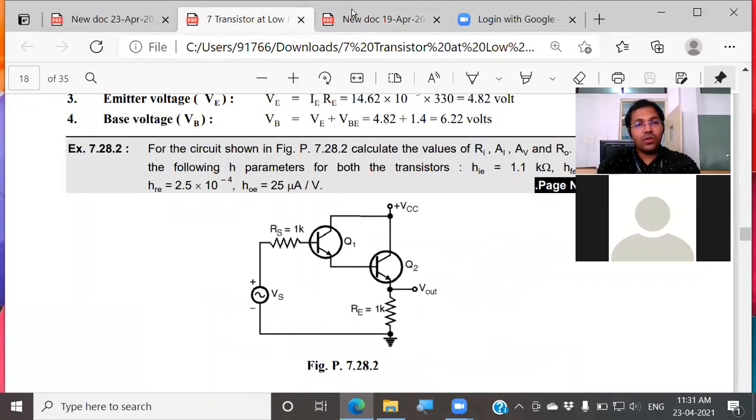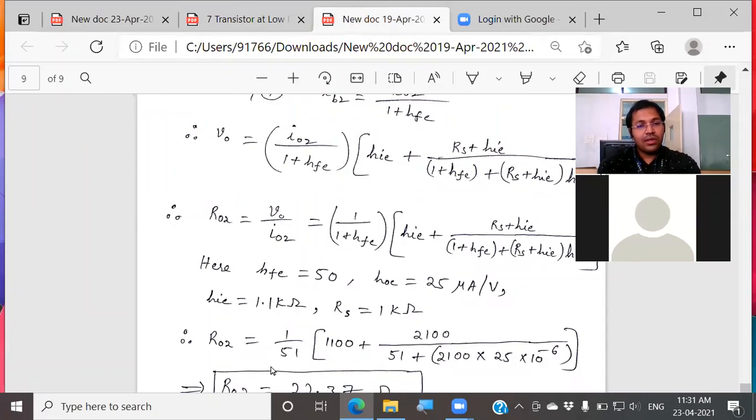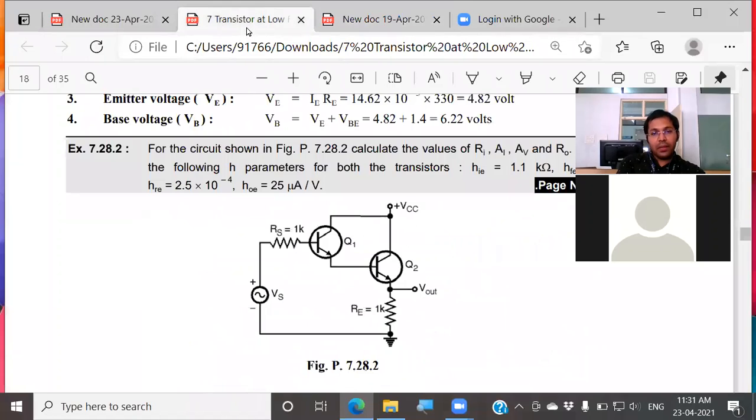So 22.37 into 1 kilo ohm. So 1 kilo means you should take 1000.